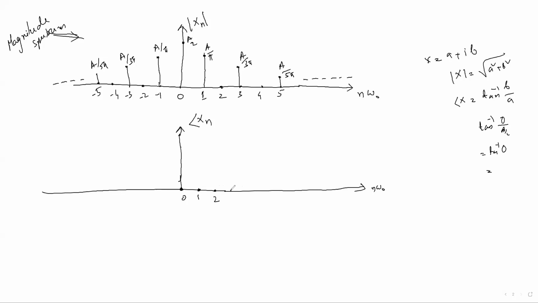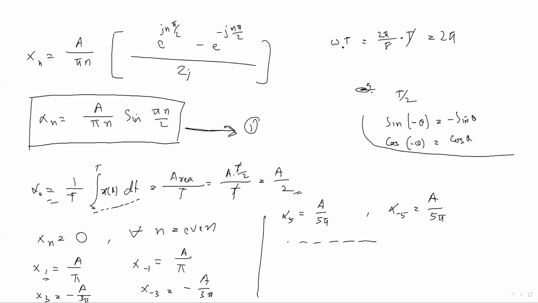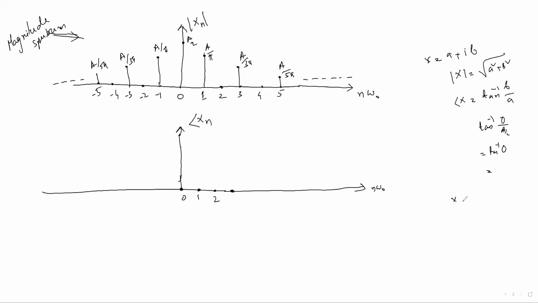But for 3, you go to the previous slide. For 3, X3 equal to minus A by thrice pi is there. Okay, in this case, what will be the phase?